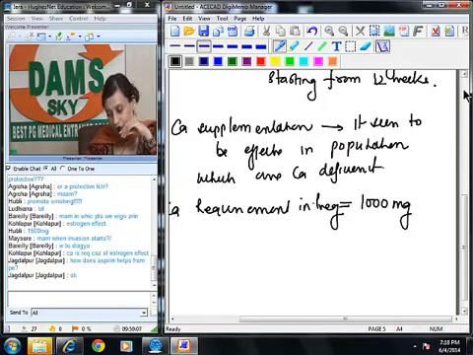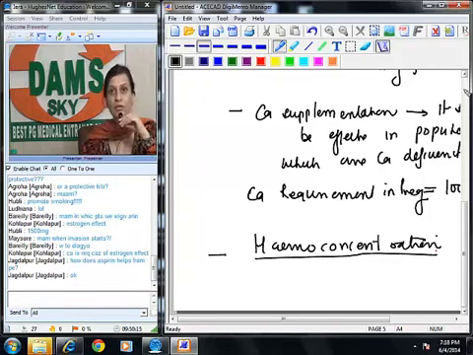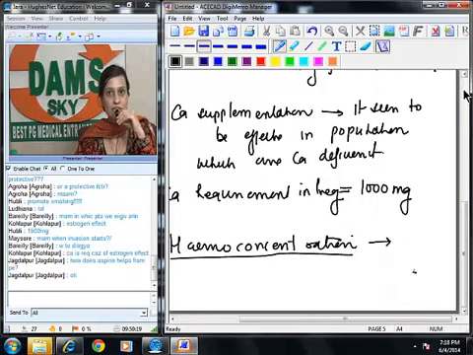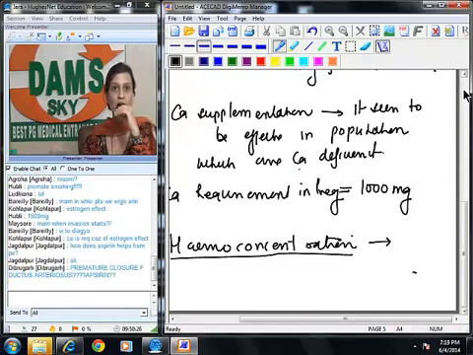Now another thing which you would find in patients with preeclampsia is hemoconcentration. Yes. Now what is hemoconcentration? Or can you tell me why? Just a few minutes back we said that there is endothelial injury.